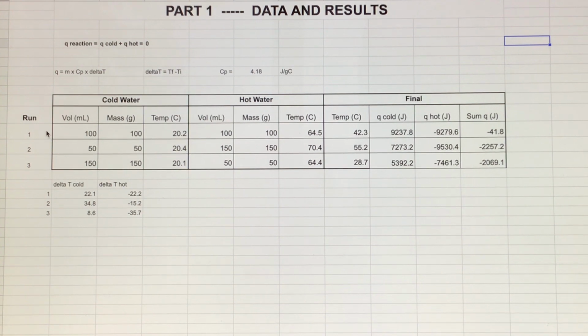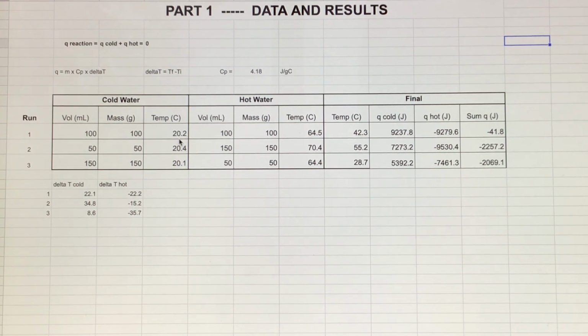So here we have the first run where we used equal amounts of cold water and hot water. We are assuming that the density of water is 1 at any temperature that we are working with. So the mass of the cold water was 100 grams, the mass of the hot water was 100 grams.